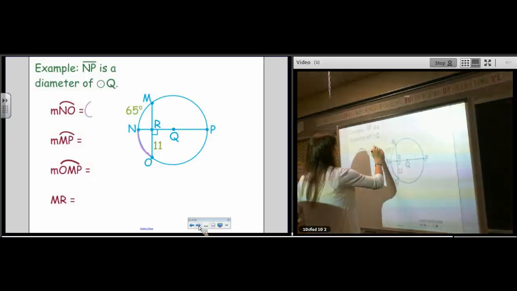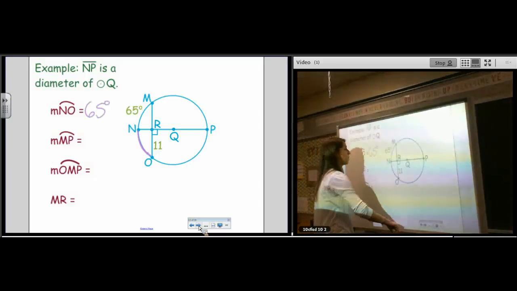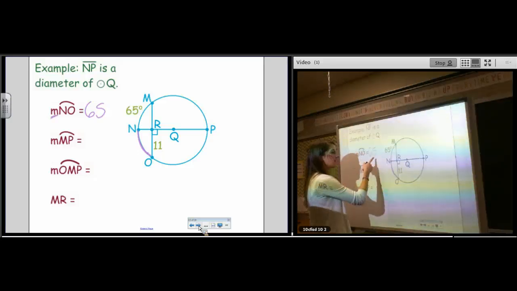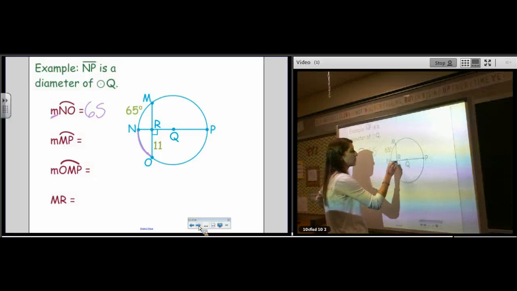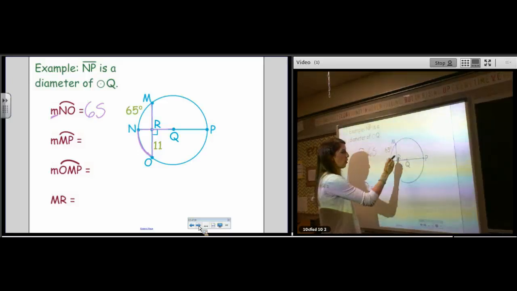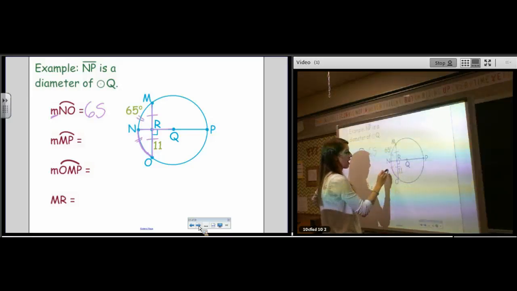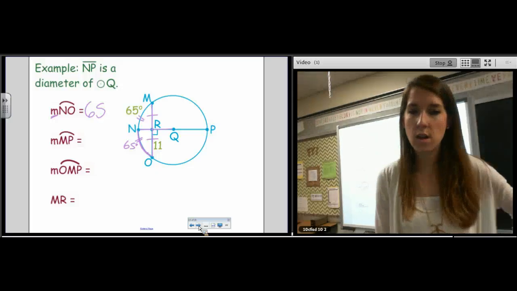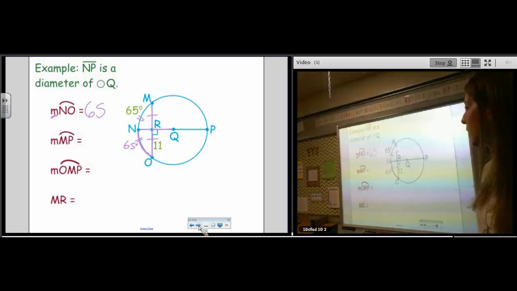NO is 65. Sorry, you don't put a degree measure when you have the word M right here because that's redundant. But anyways, it's 65, and the reason that it's 65 is because when a radius is perpendicular to a chord, it cuts the chord in half and it cuts the arcs in half. Okay? So make sure you back it up with a theorem.